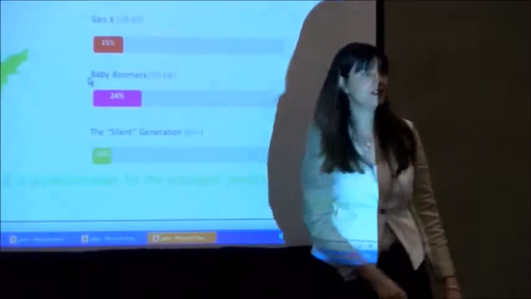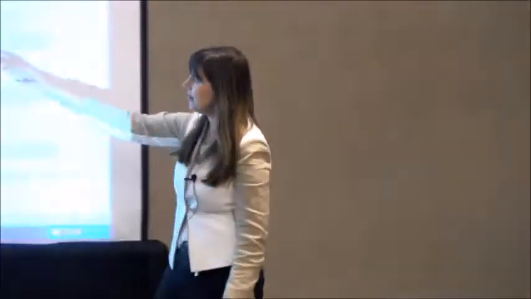The millennials are between 22 and 37. Before, I was very happy to be a millennial, but as you age, you might fall into Gen X. Oh my God, Gen X are about 15%.